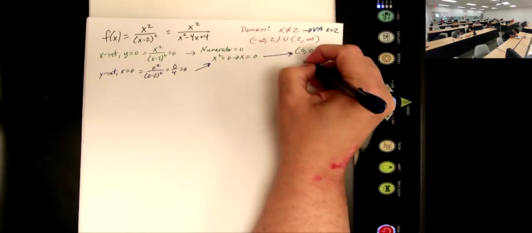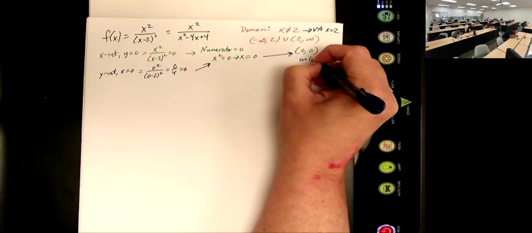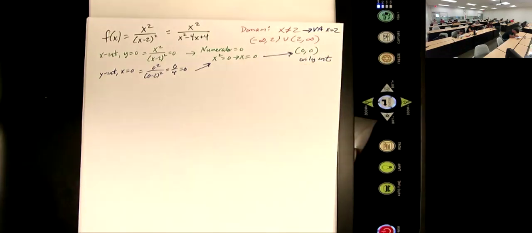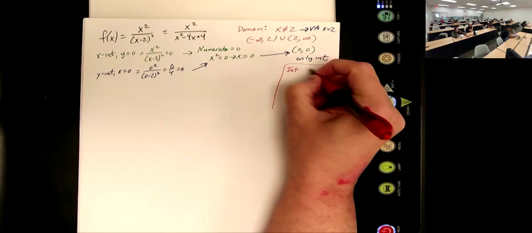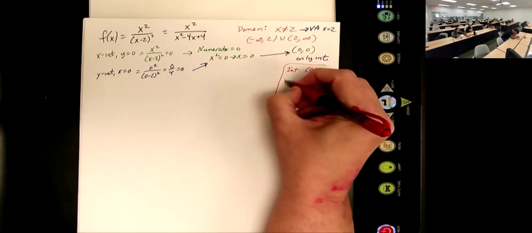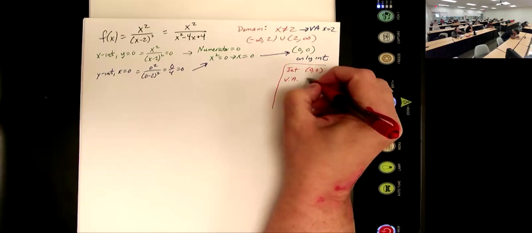We only have one intercept. So maybe I'll make a little box, start listing. Our intercepts are 0, 0. We can see that our vertical asymptote is x equals 2.